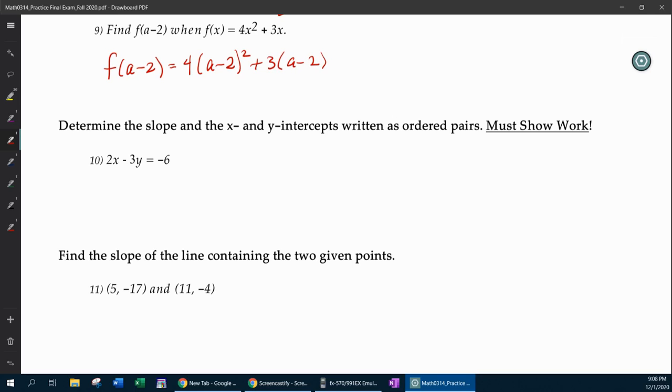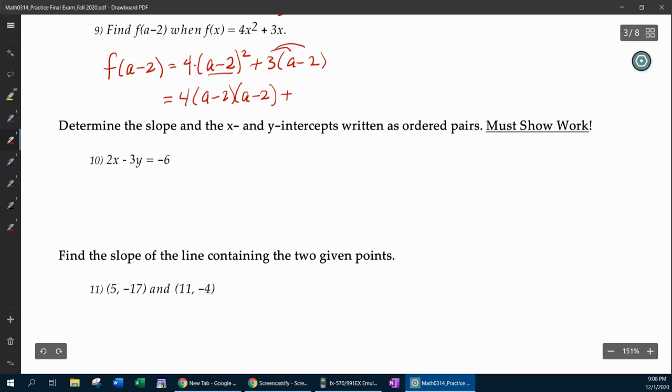Now I'm going to have to know the order of operations here, which says exponents before multiplication. So this is going to be 4 times a minus 2 times a minus 2. Remember, anything squared means times it by itself.